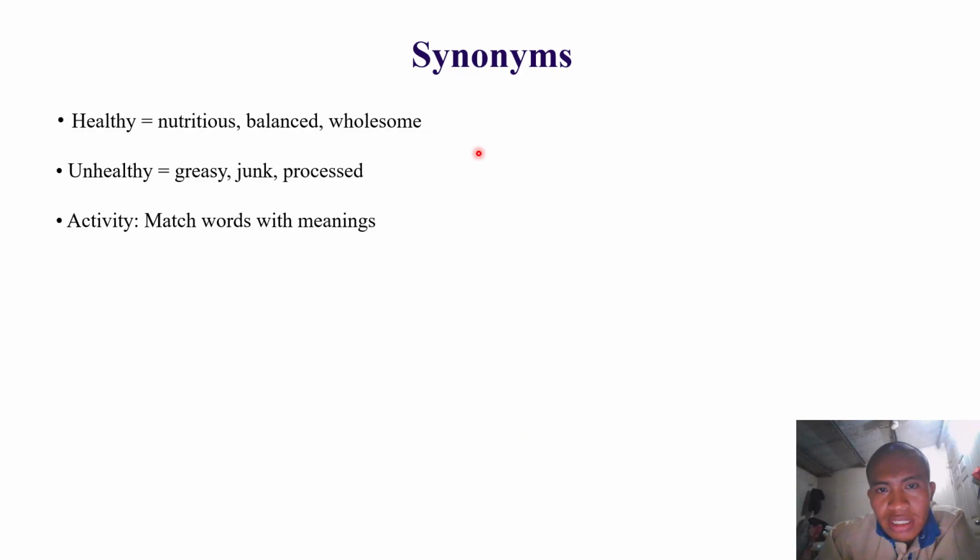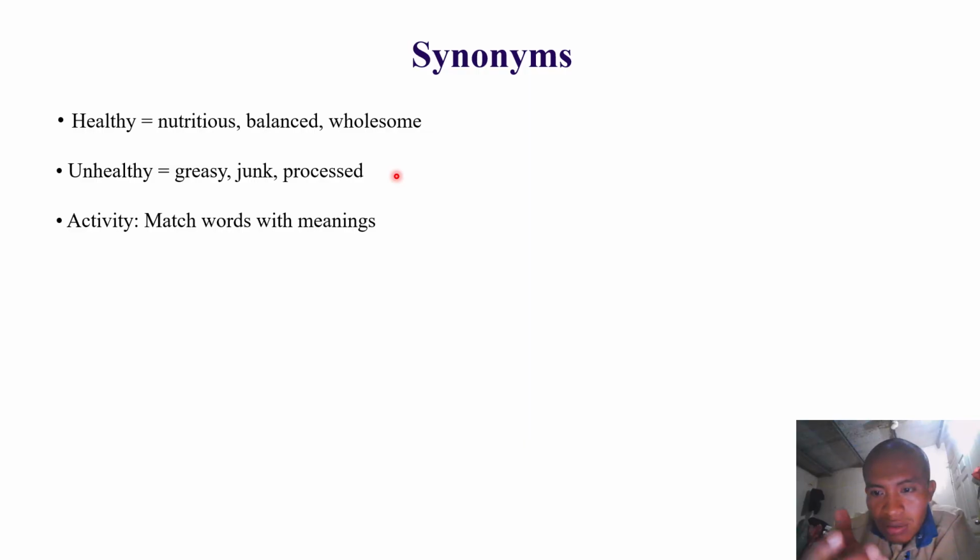Now let's see the synonyms. Synonyms are words that replace similar words in order to give fluency to the sentence. Let's see here, healthy can be replaced by nutritious. It can be replaced by balanced. It can be replaced by wholesome.